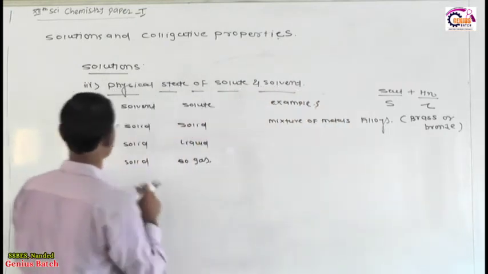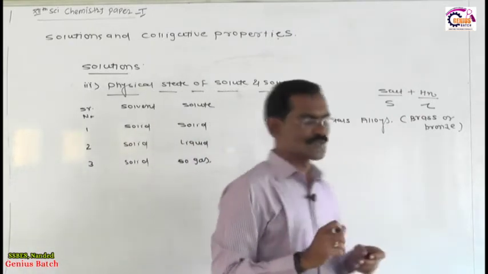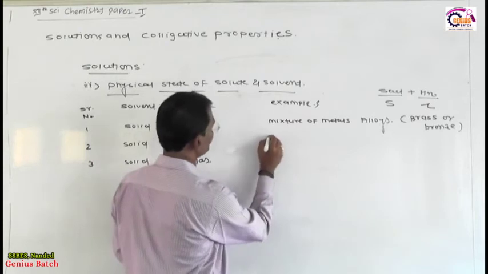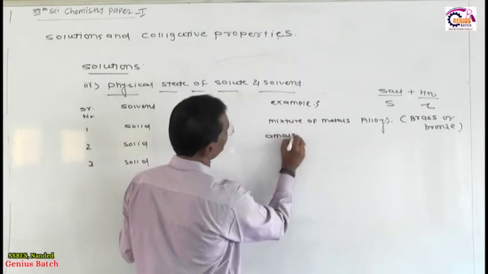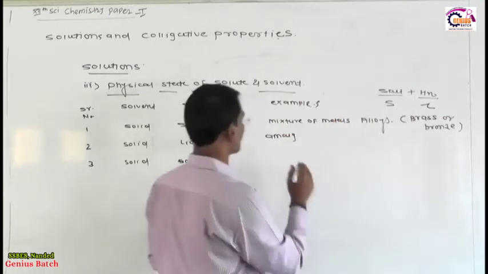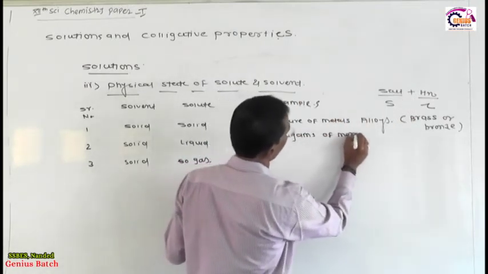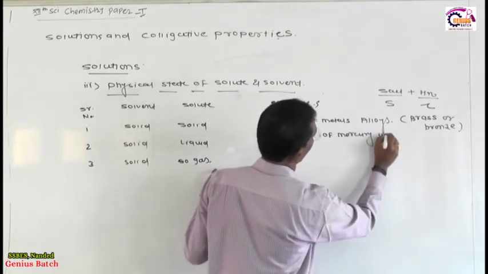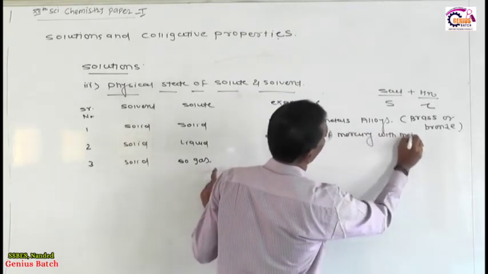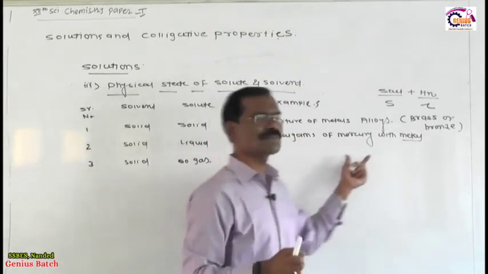Now the second classification is solid in liquid. The example of this, you know very well, is amalgams, that is, amalgams of mercury with any metal, because the metal is present in solid state and mercury is present as a minor component.